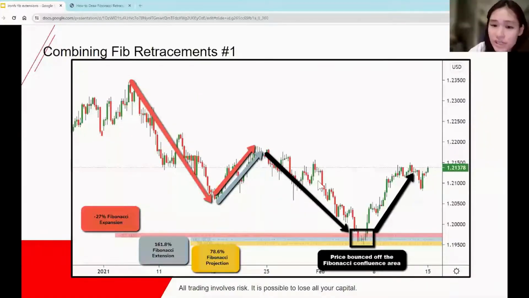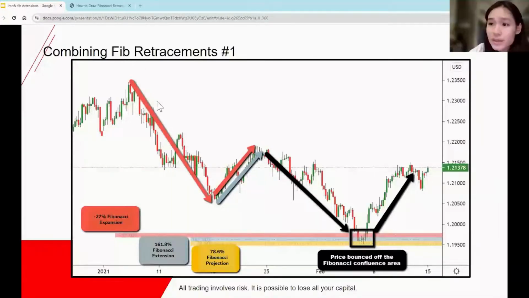What we want to take note of from this example is basically the shape of all of these trend lines. Firstly, the extension, you can see the Nike tick. Over here, it's kind of an inverted Nike tick. So the head is here, the gray arrow, and then the tail would be the long black arrow. Fibonacci projection also uses a lightning bolt shape similar to the expansion, so you can use those together.